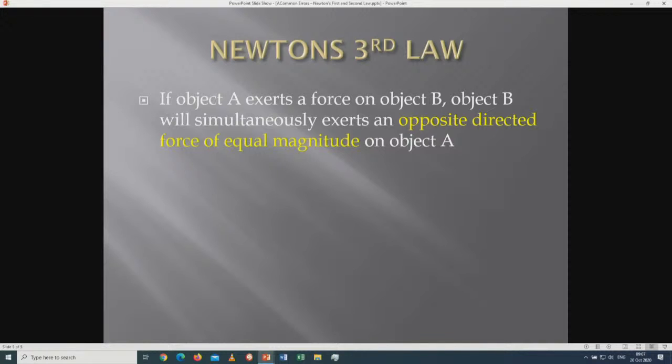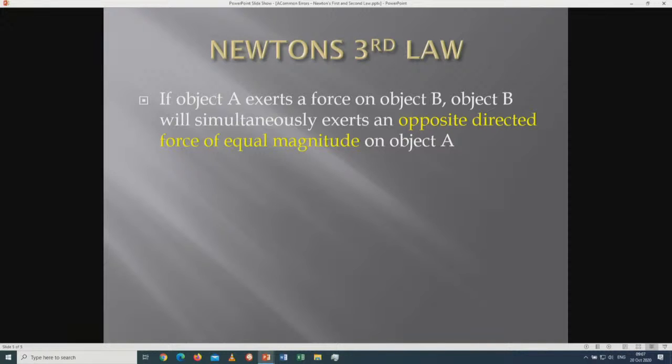But still, they can ask you to define Newton's third law, and I think the important stuff is that the reaction force is opposite directed and of equal magnitude. So if object A exerts a force on object B, object B will simultaneously, it's important, simultaneously exert a force on A, and then the important part, opposite directed but equal in magnitude.